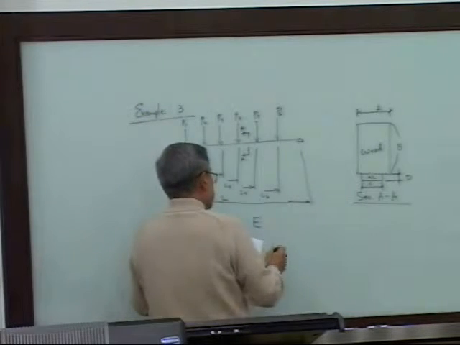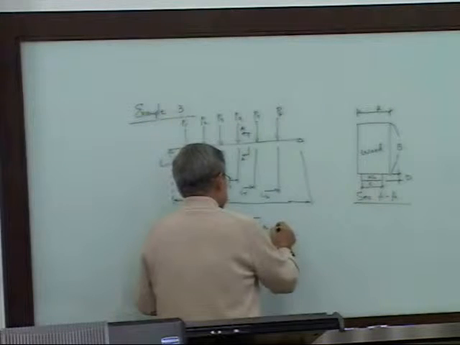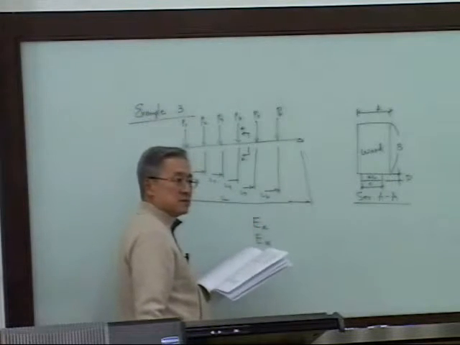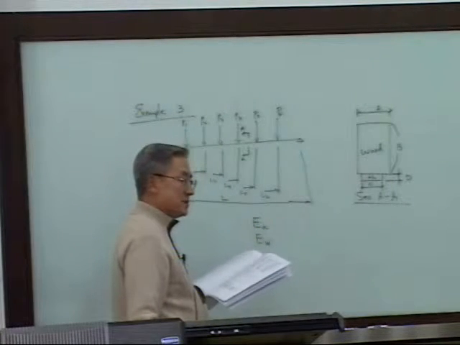Young's modulus of aluminum is random. Young's modulus of wood is random.